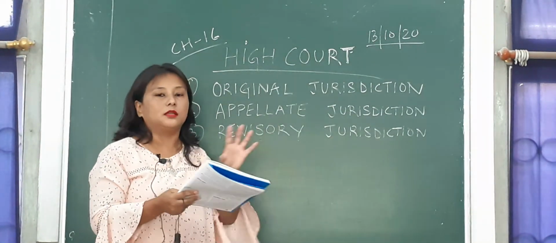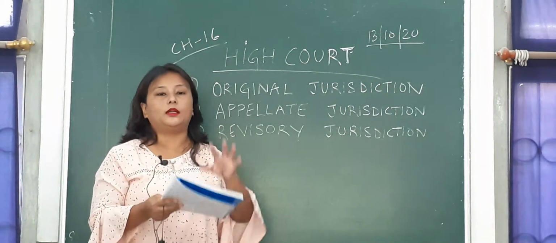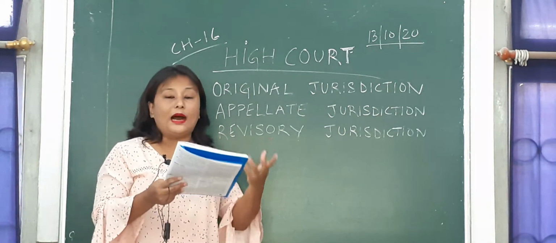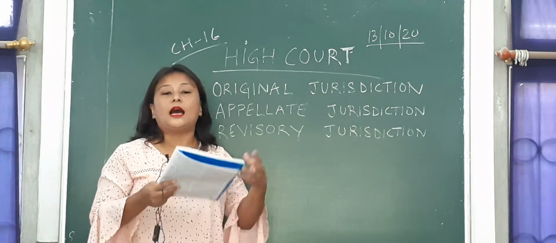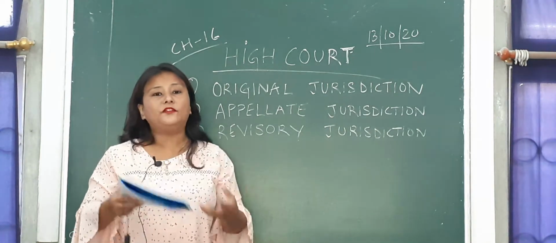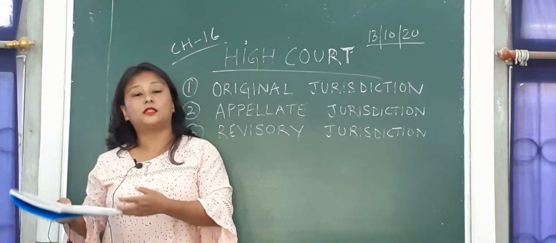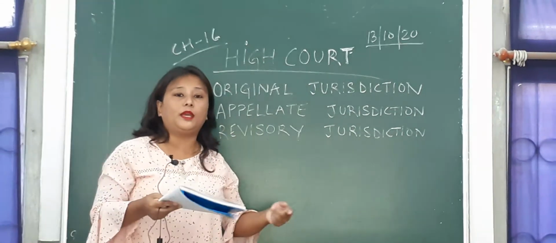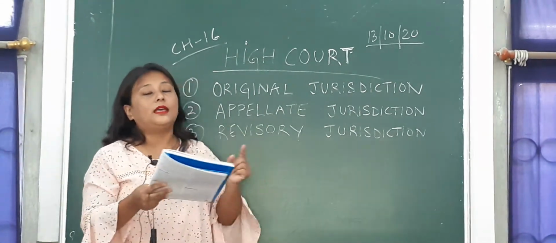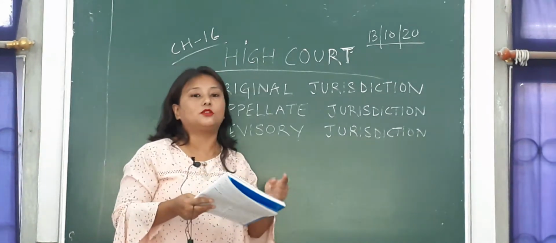Here again, subordinate court means the lower level courts. Now, why does the High Court ask for the record of cases which have already been settled by a subordinate court? To review means to check whether any mistake has been made or not.